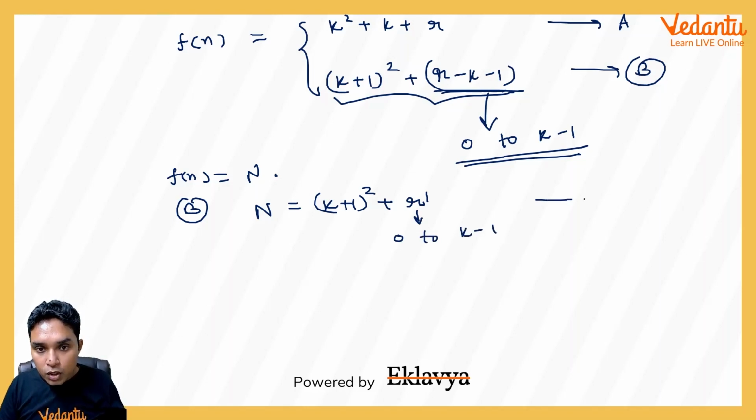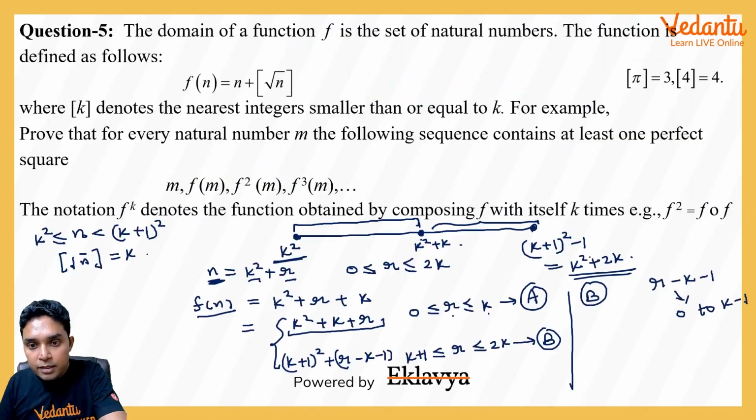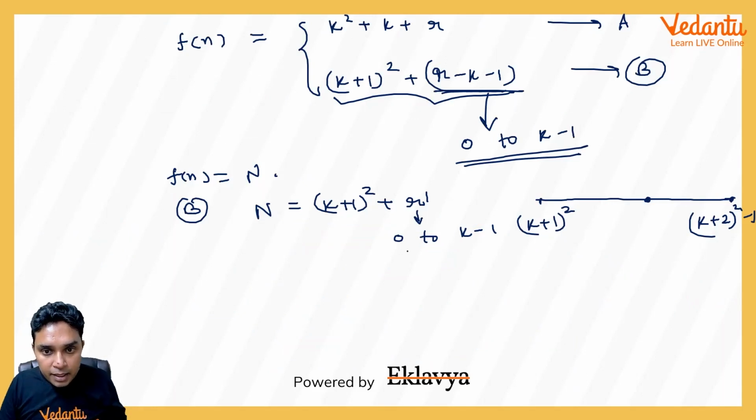And if you draw it on that number line once again, where it starts with k plus 1 whole square and it goes till k plus 2 whole square minus 1, and its midpoint, if you mark like the way I did here, you can see this k plus 1 whole square plus r dash will be lying on the first part of this interval.